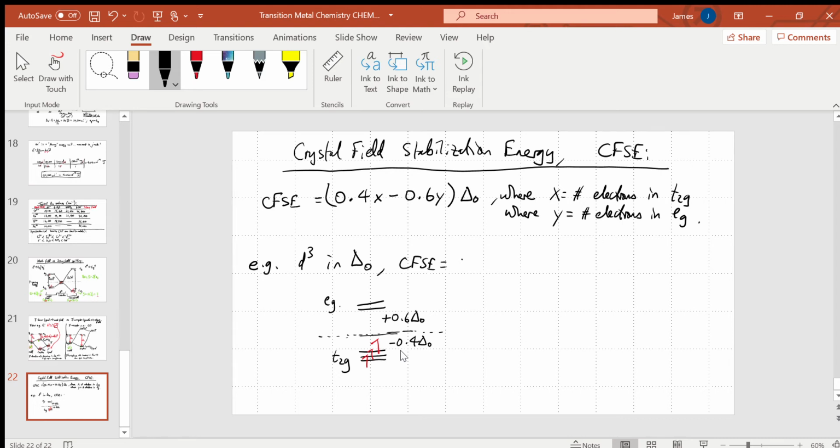Okay, so the crystal field stabilization energy is going to be 0.4. Now, how many electrons do we have in below 0.4? We have 3. So I guess I'll just rewrite that a bit. So we have 3 lots of 0.4, and then I'm going to subtract from that, well, I have none above, so it's no lots of 0.6.